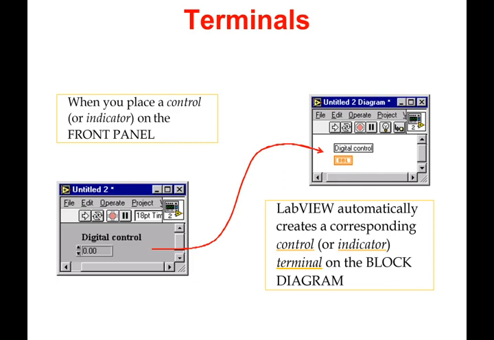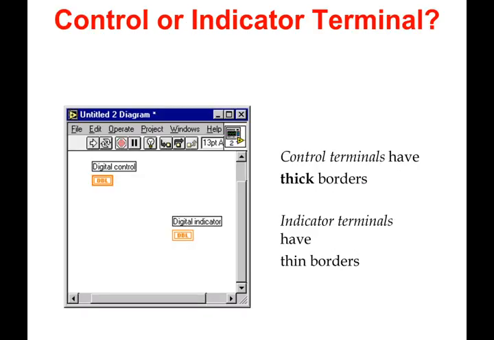So let's talk about the terminals first. Terminals are essentially created when you place a control or indicator on a front panel. LabVIEW automatically creates a corresponding control terminal on the block diagram. Okay.